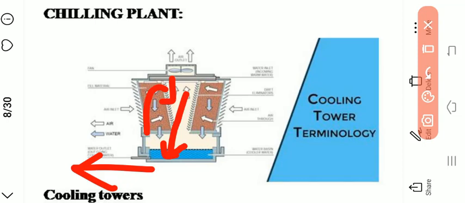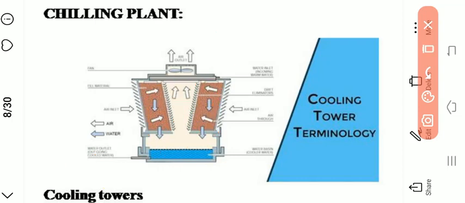The water slowly dribbles down on the fill and simultaneously hot air from the water gets removed by the fan on the top of the tower, and the water gets cooled and it is circulated to the equipment.